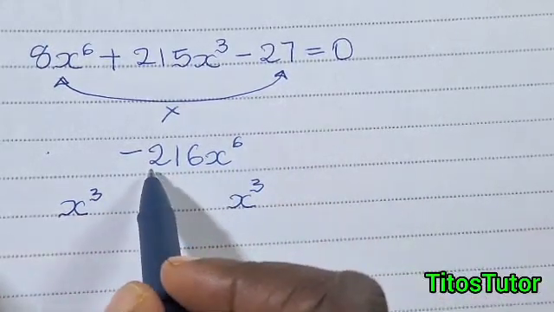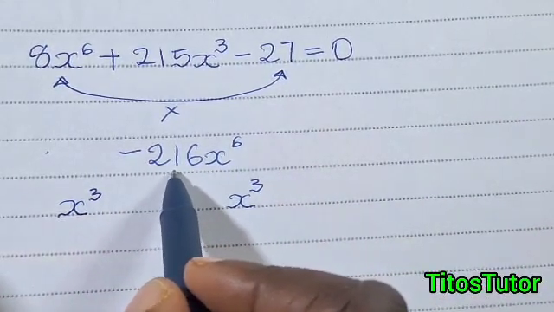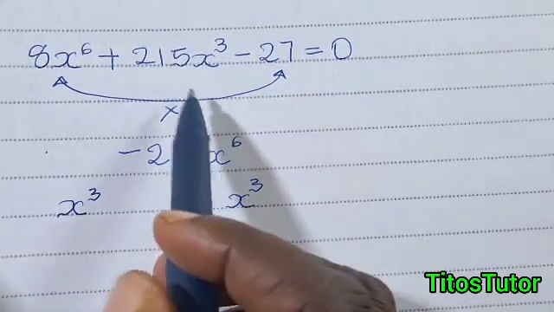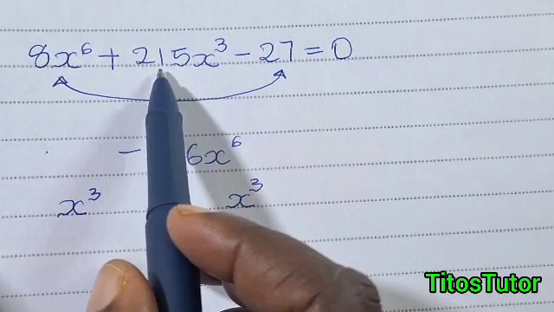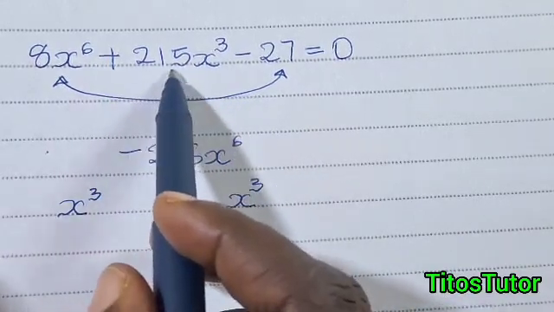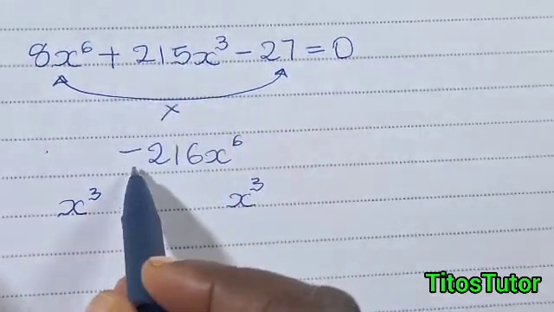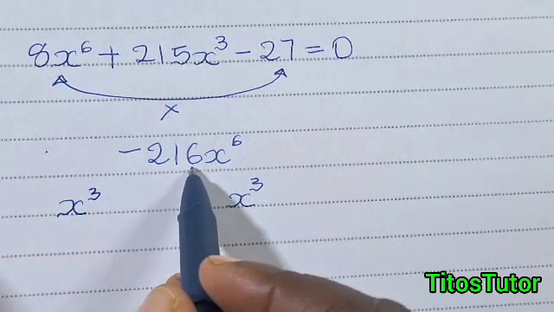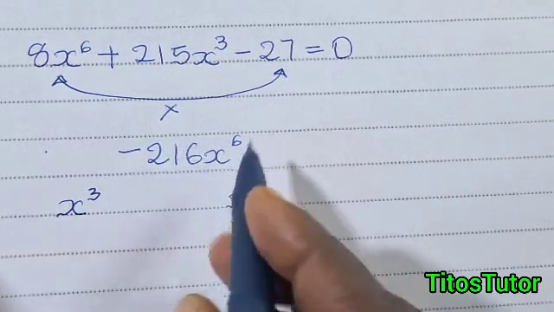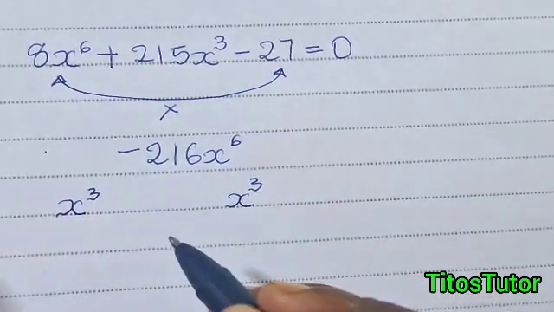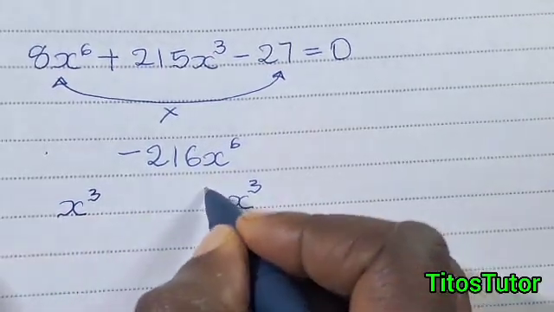So I need to find two factors of 216 that will be added together to give me a positive 215. And you know that it's a negative 216 that I'm looking for the factors. So just one apart. So that means one is a factor of all numbers. So it will be 1.